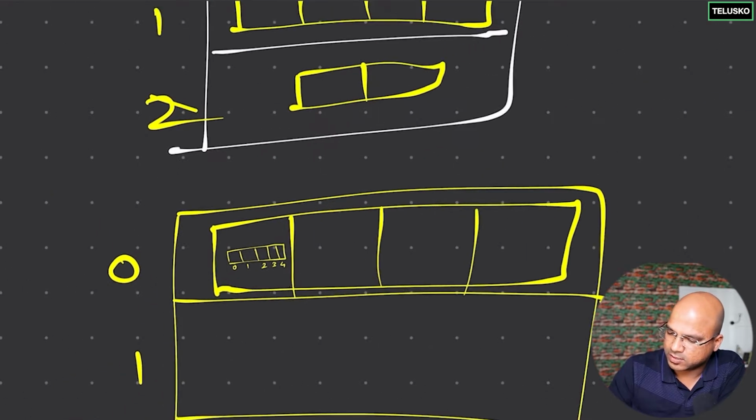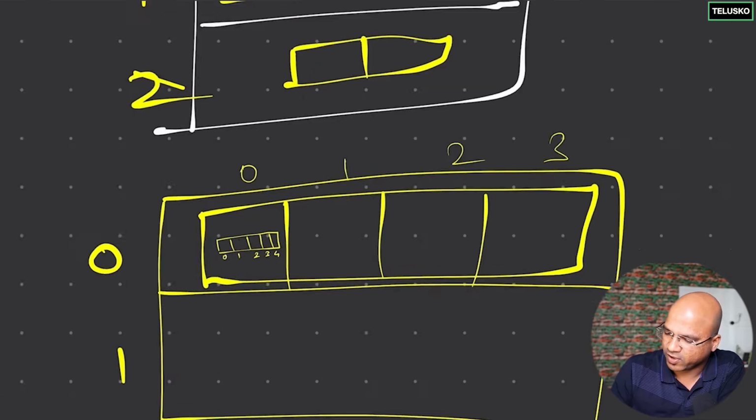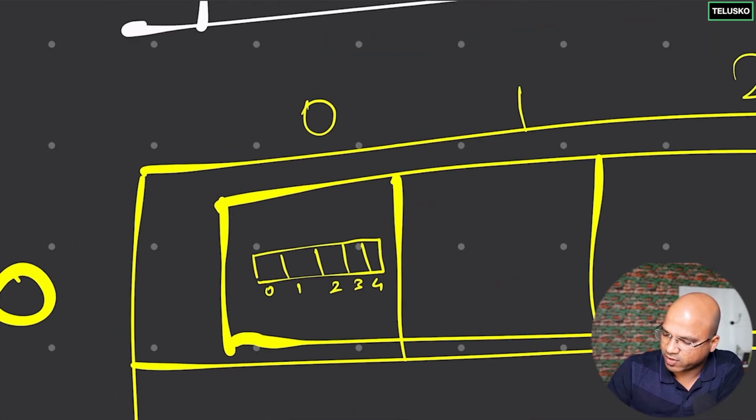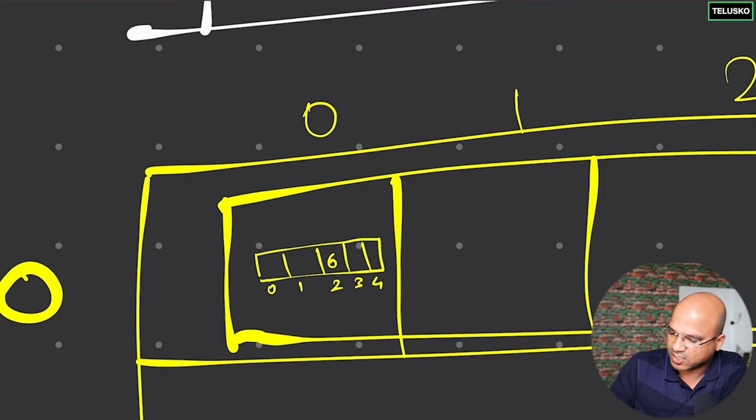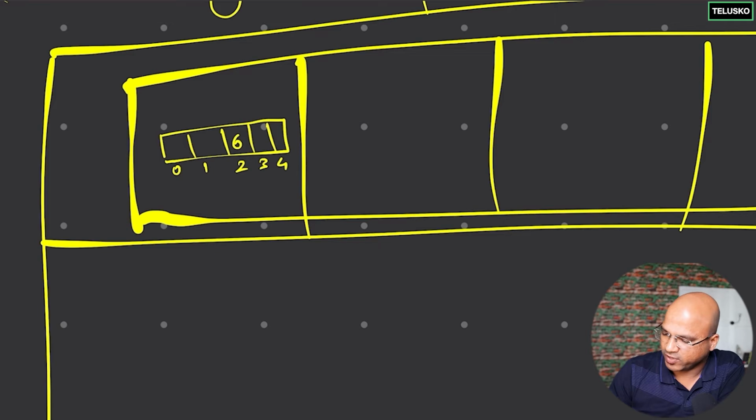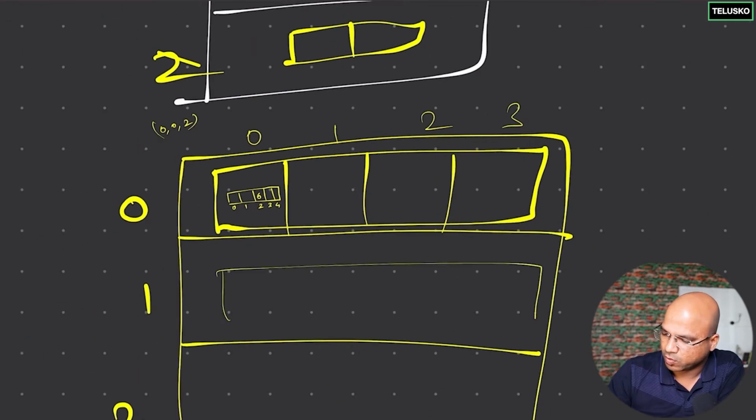And then this is 0, 1, 2, 3. If I want to fetch this value here, which has value, let's say 6, you have to say 0, 0, 2, right? And of course, in every box here, we'll have the same thing. We have the box here which has 4 elements, and each box will have multiple arrays.